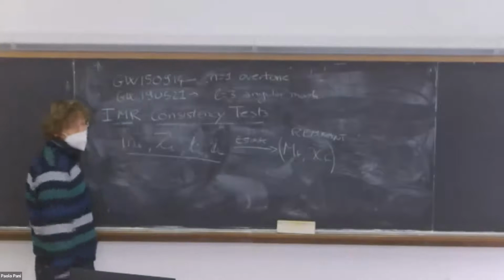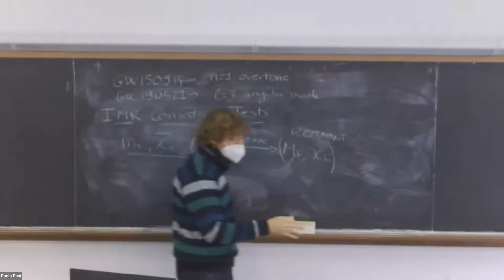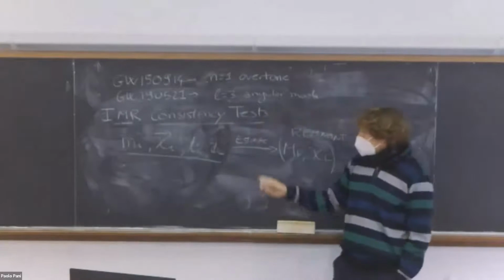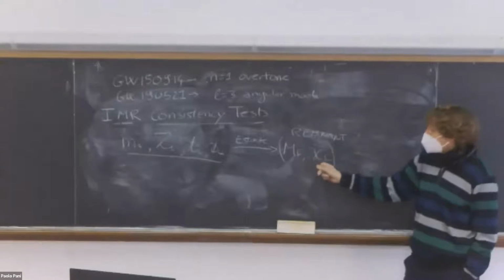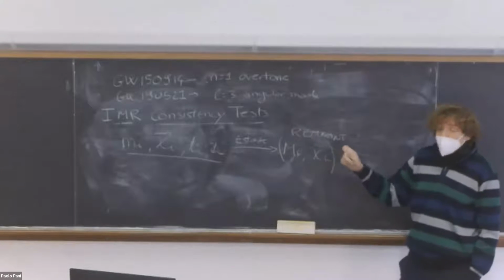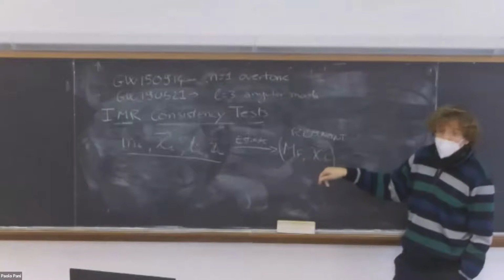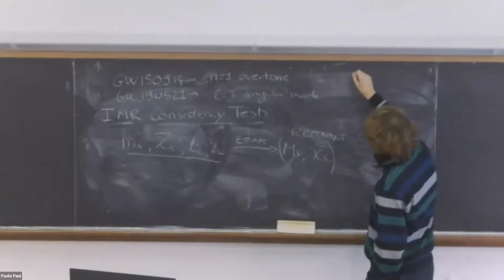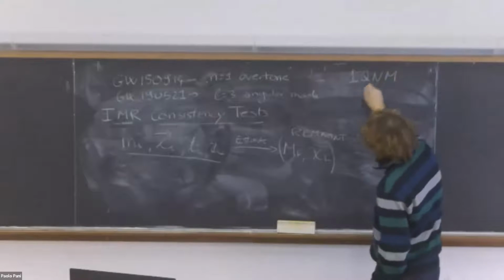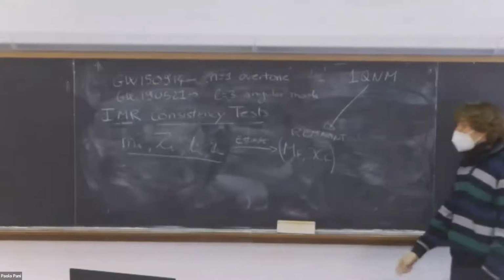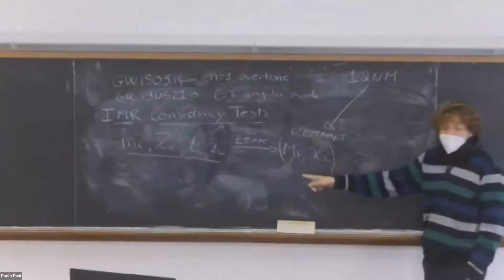So what has been done, and is routinely done by the LIGO collaboration, is to infer these quantities from different portions of the inspiral and merger phase. Then use simulations to estimate the remnant properties, mass and spin, and then do the same, estimate remnant properties from mass and spin using the quasi-normal modes. So if one detects one quasi-normal mode, then it is possible to measure the properties of the remnant.